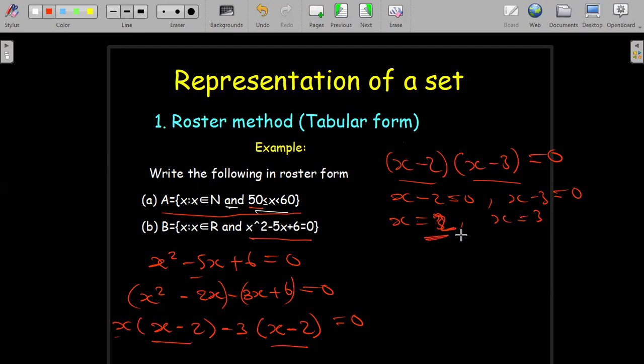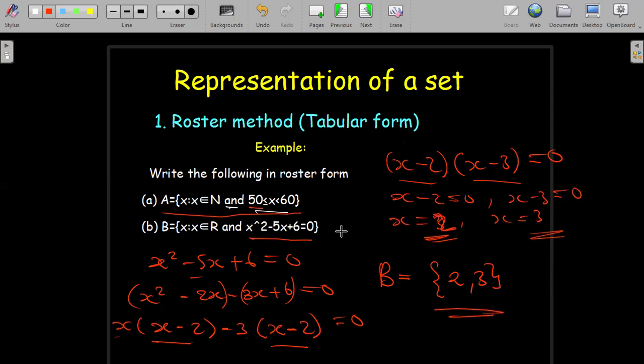So 2 and 3 are members of set B, since B was defined as x such that x is a member of the real numbers and is defined by this. So I write it now in the roster form: B equal to, then I list down those elements, 2, 3, like that, and this here is my set.